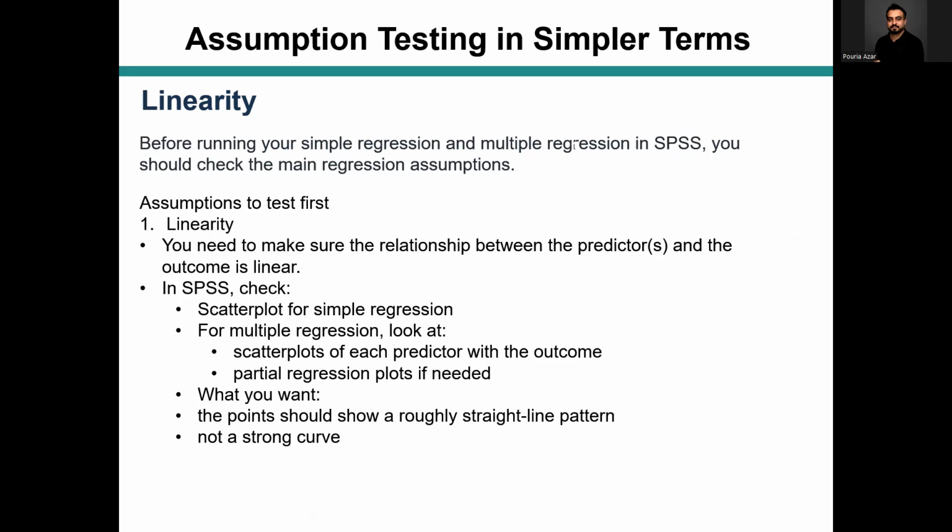We can also use partial regression plots if needed to check for linearity. We want to see a roughly straight line pattern when plotting the predictor and the outcome variable.